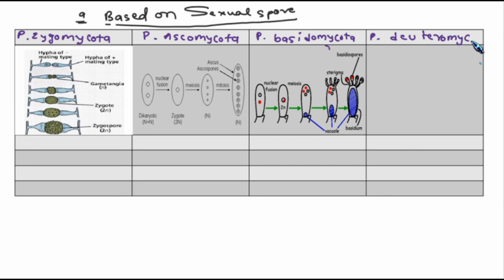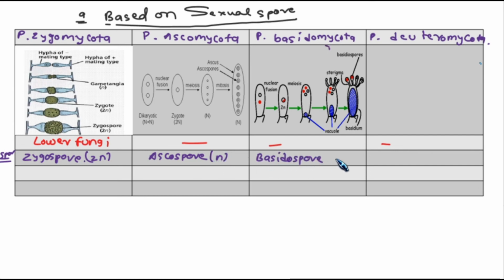Now let's see Zygomycota. Zygomycota are low fungi, and this term is not applicable for all other fungi. Let's see what type of spores are formed: in Zygomycota, zygospore; in Ascomycota, ascospore; in Basidiomycota, basidiospore; in Deuteromycota, no sexual spore, no sexual cycle is seen.